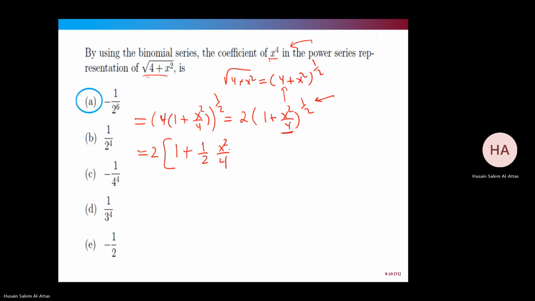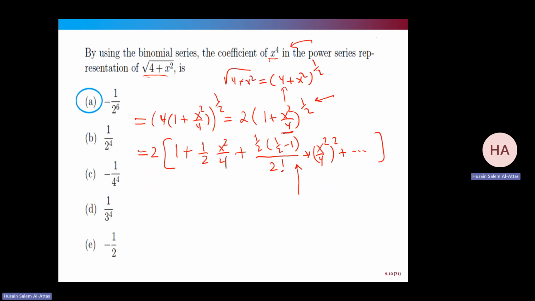Plus, now I have k, which is half, times k minus 1, half minus 1, over 2 factorial, times x squared over 4, all squared, plus something. This will give me the coefficient of x to the power 4.